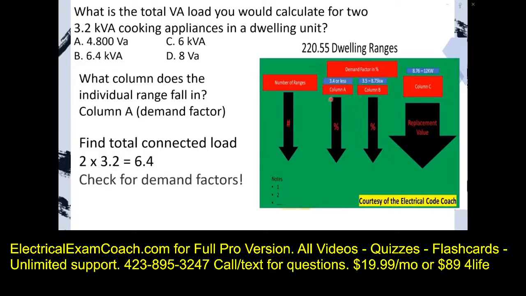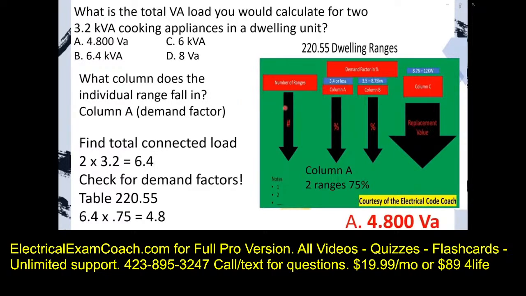Now let's check for demand factors. We start on the left-hand side of our table, come over and find our number of ranges, and then we cross over and find that for column A, 2 ranges is 75%. Now, all we have to do is multiply. We take our 6.4 multiplied by our demand factor, and this gives us our new reduced load, and we're going to select A. Great job.